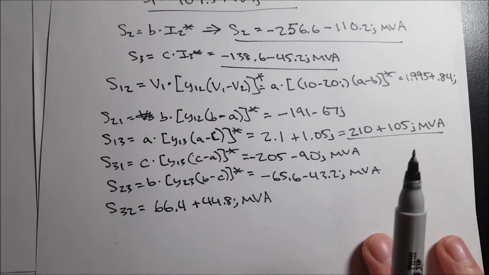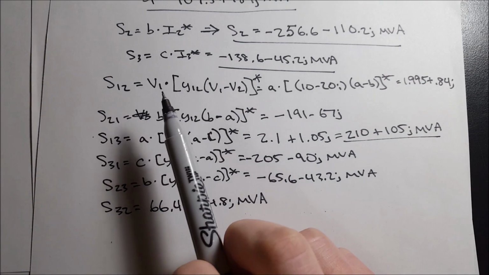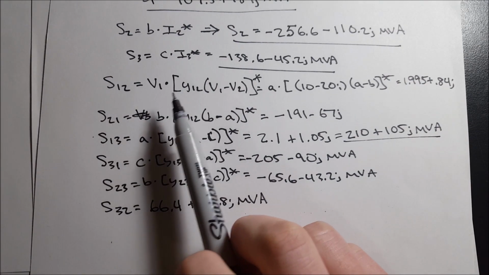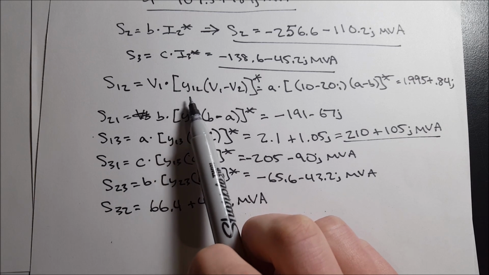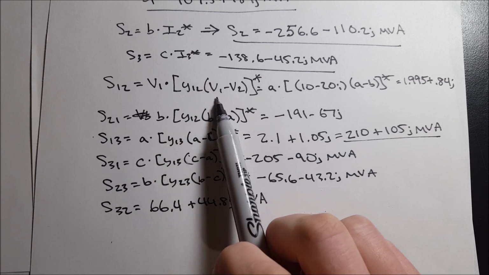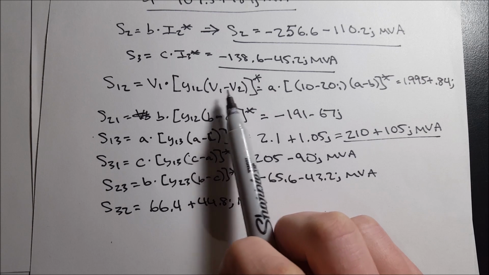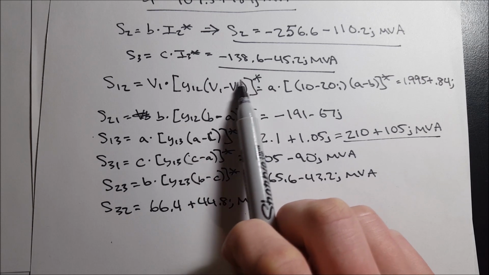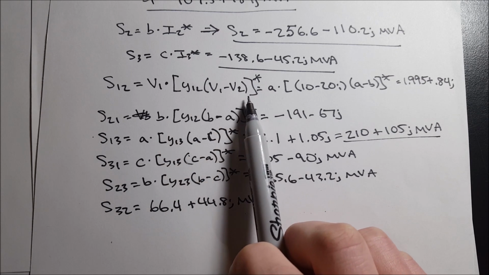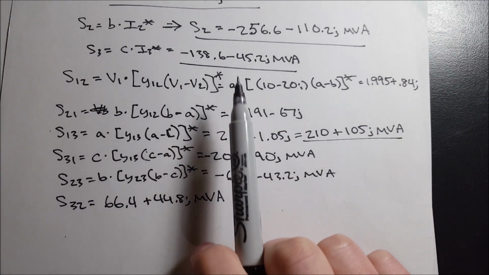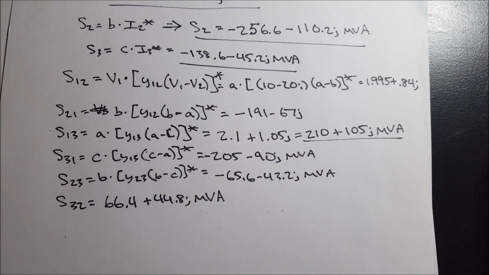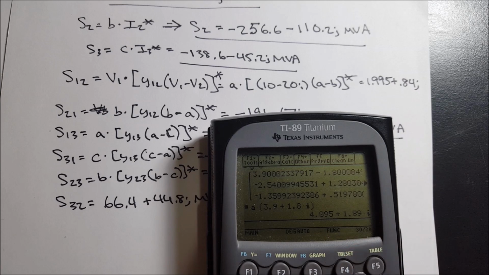For example, S12 is equal to V1 times the conjugate of Y12 times V1 minus V2. So this is what we're going to have typed in our calculator here. And I'll do that here.